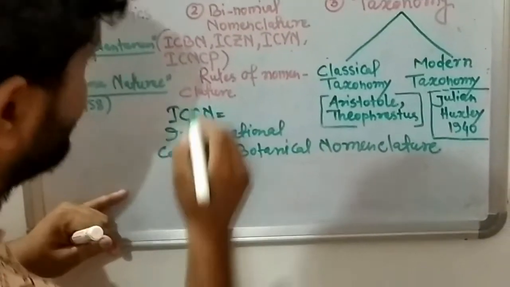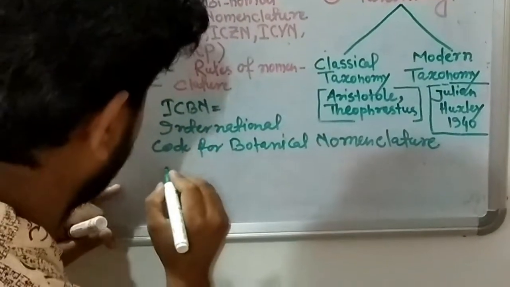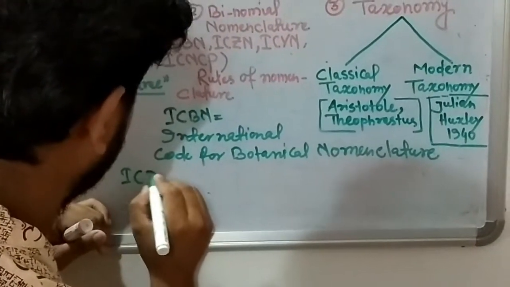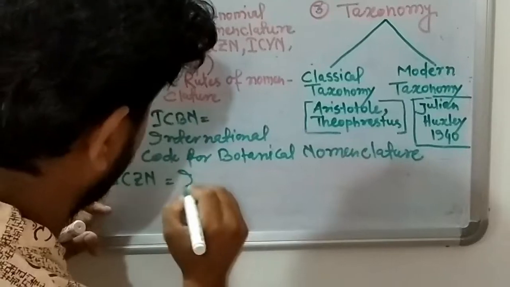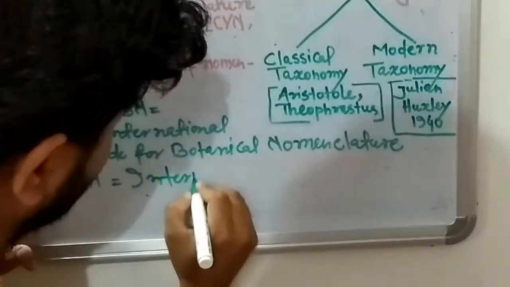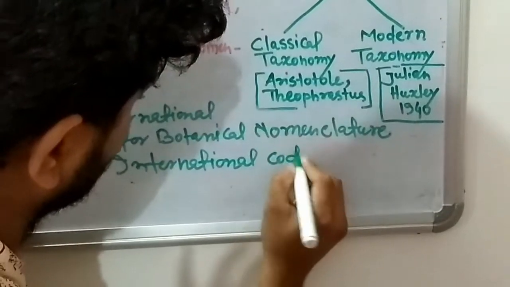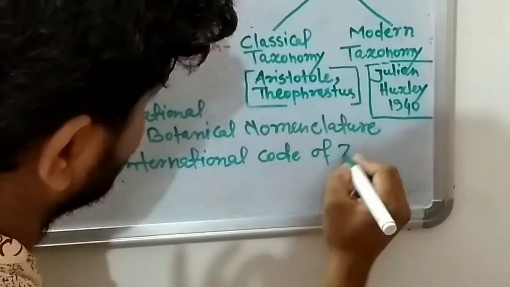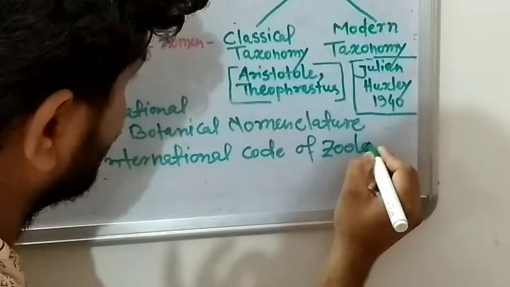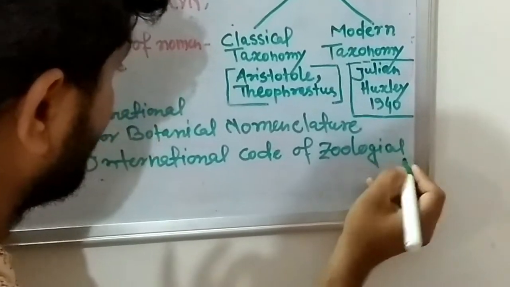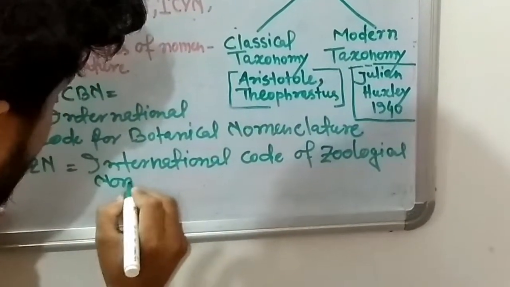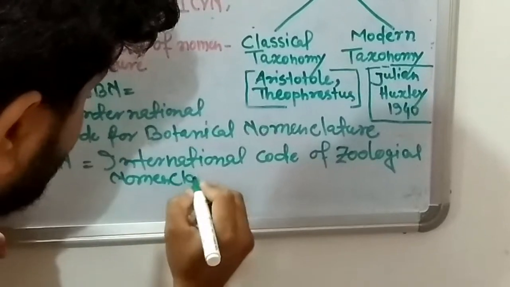Now let's see the full form of ICZN. ICZN full form is International Code of Zoological Nomenclature.